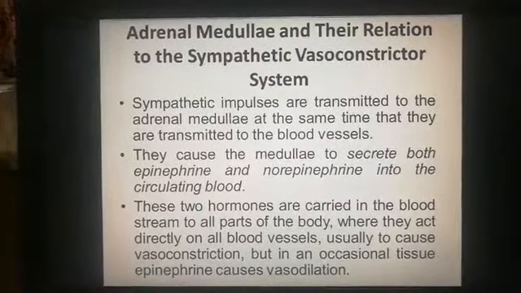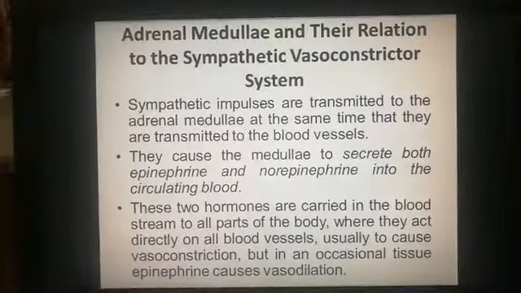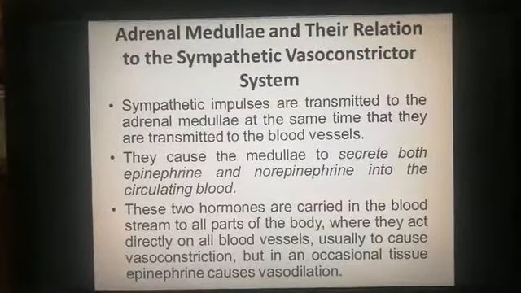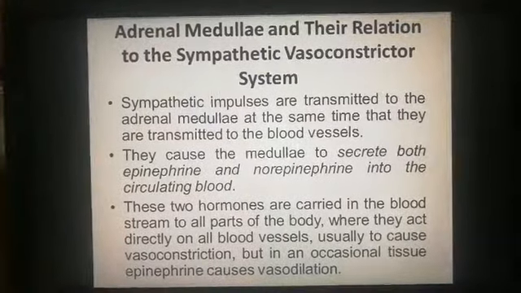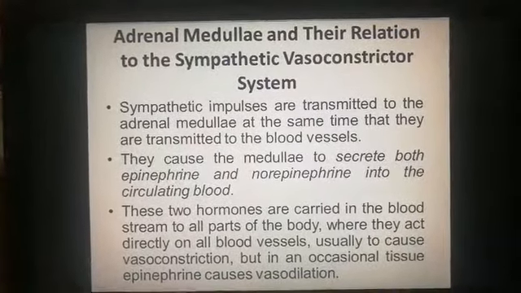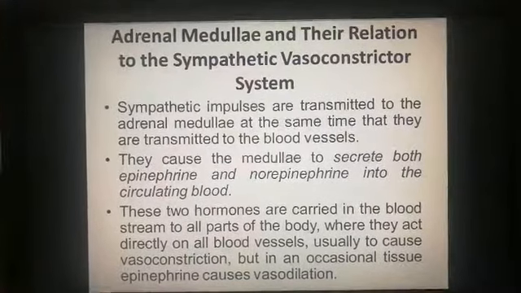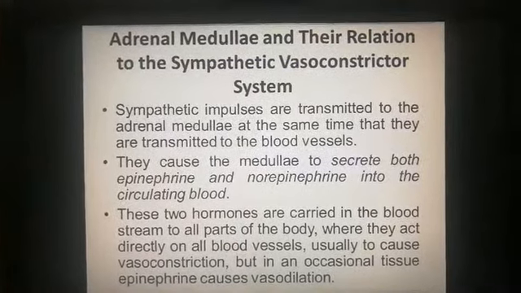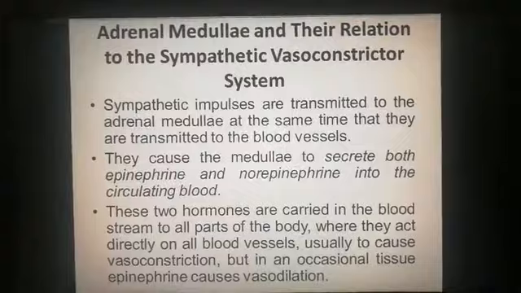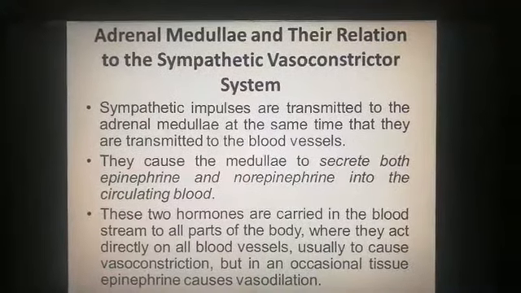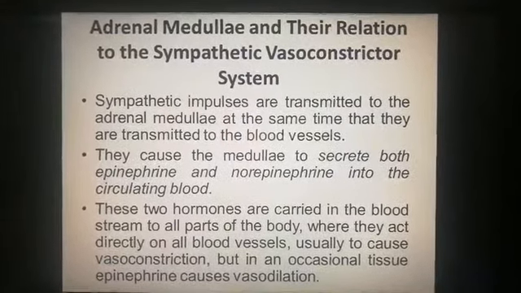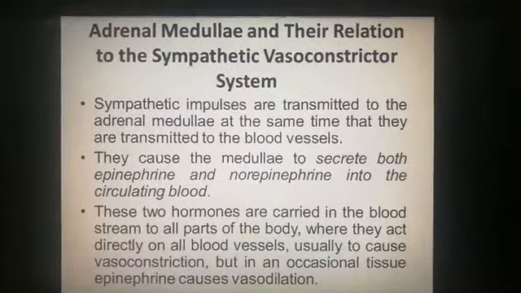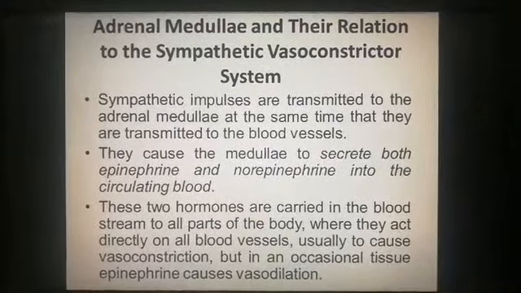The adrenal medulla and its relation to the sympathetic vasoconstrictor system. Sympathetic impulses are transmitted to the adrenal medulla at the same time that they are transmitted to the blood vessels. So on one side, sympathetic impulses are transmitted to the blood vessels, and at the same time, sympathetic impulses are also transmitted to the adrenal medulla.